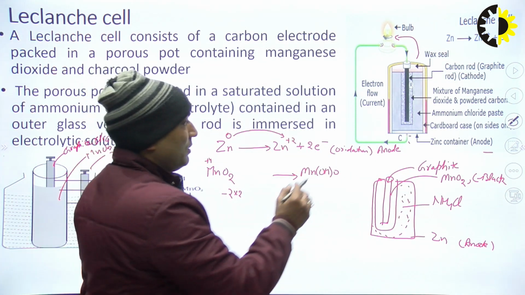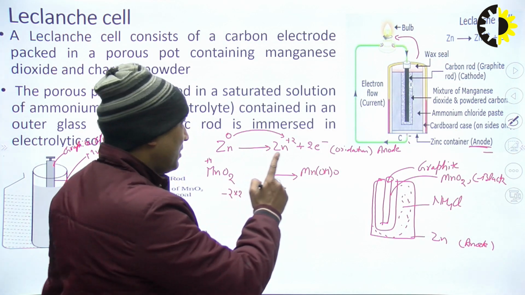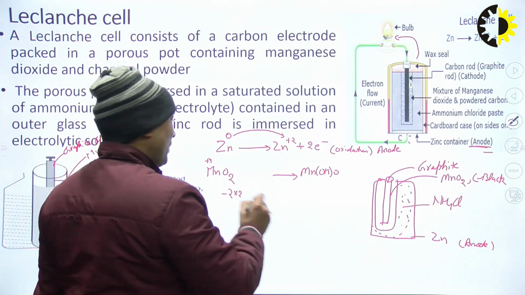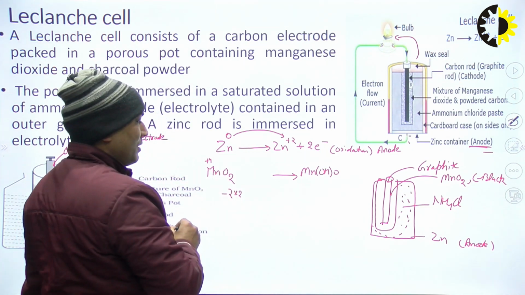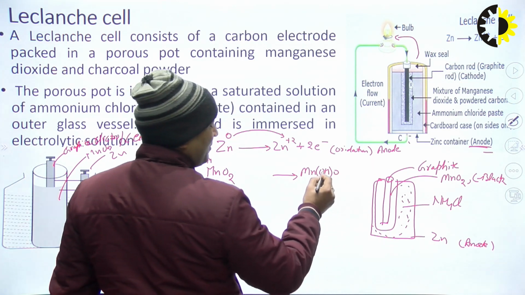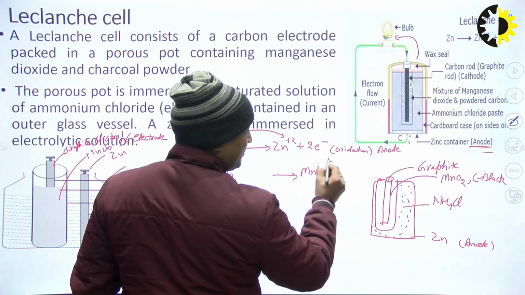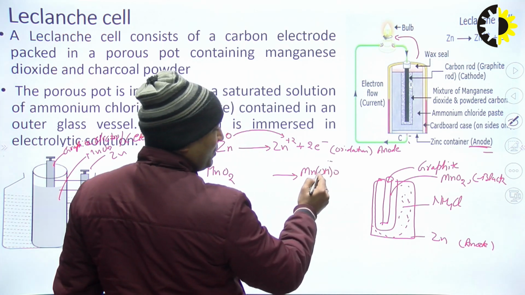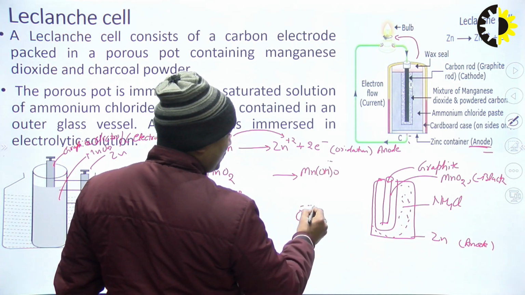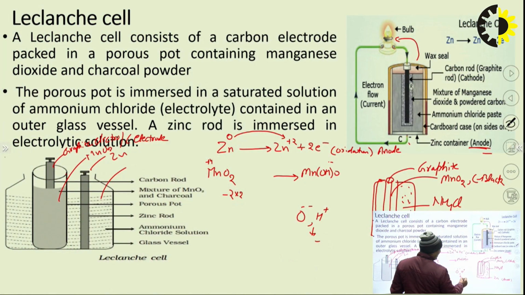So this is the anode of this Leclanché cell, while in MnO2 the +4 valency is going to be substituted by hydroxide, whose charge is -1, because oxygen has -2 charge and hydrogen has +1 charge. Net charge is -1.